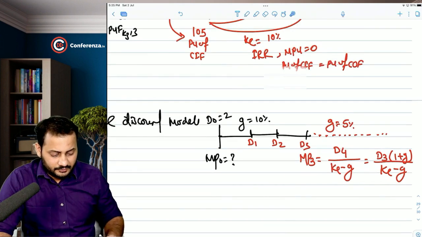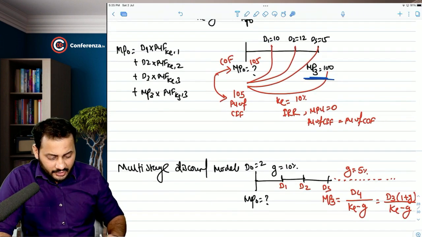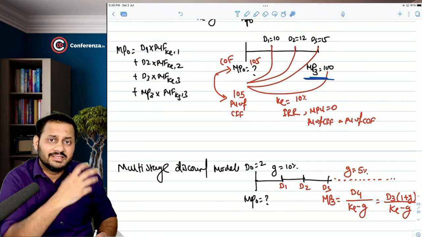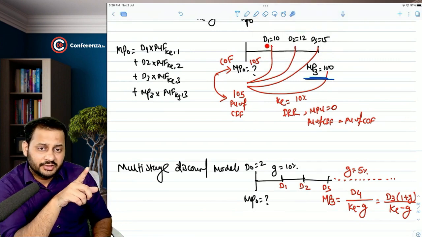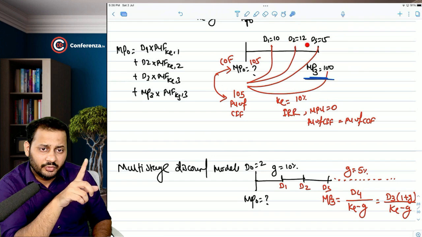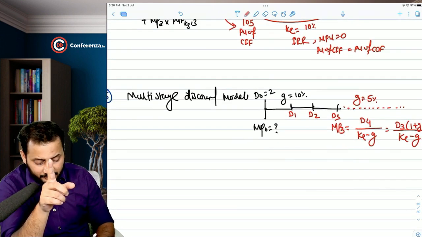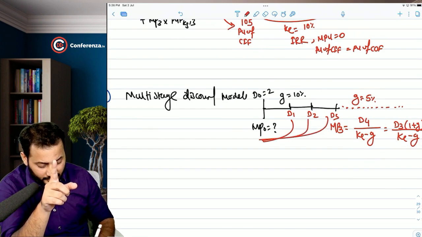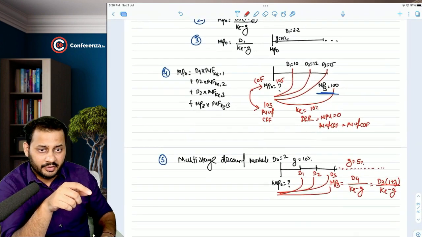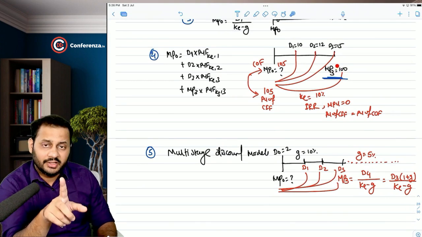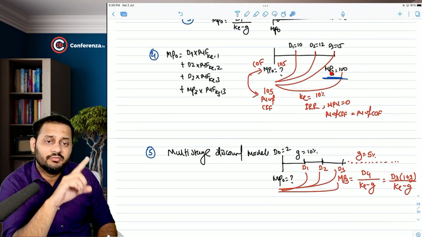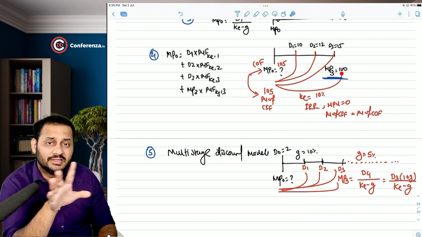So that's it. See, ultimately, this situation has 4 cash flows: D1, D2, D3 and MP3. The earlier situation also has the same cash flows, D1, D2, D3 and MP3. But time was limited there because you were given the market price at which you would be selling the share.